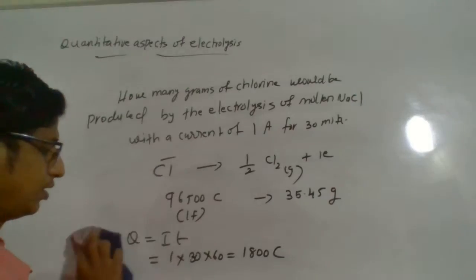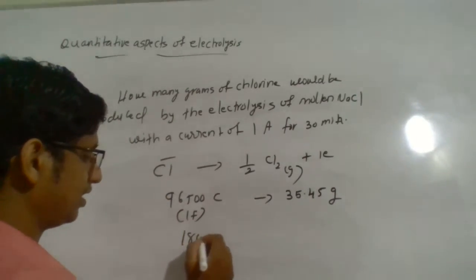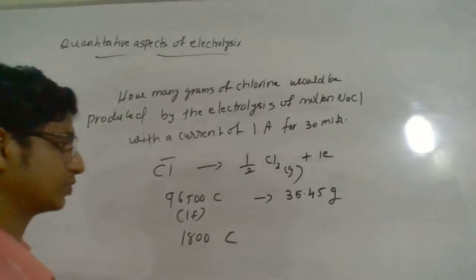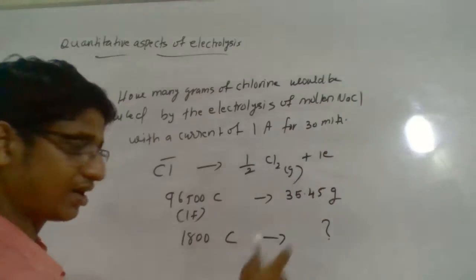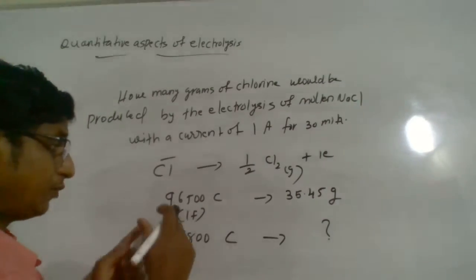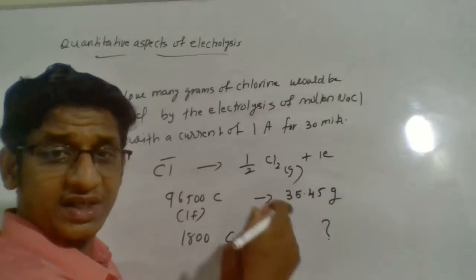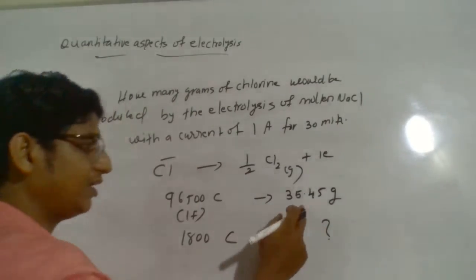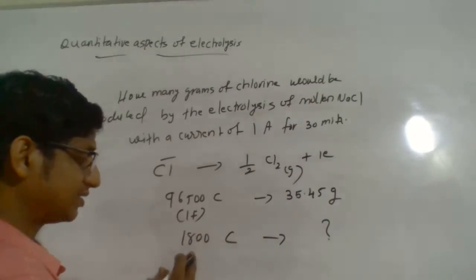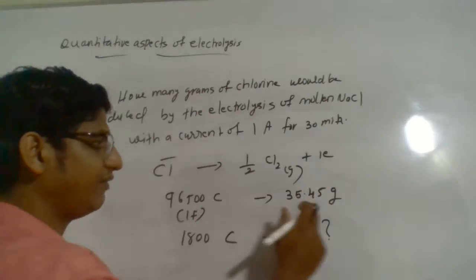Now let us find how much mass gets deposited. If 1800 coulomb of electricity is passing through, how much substance gets deposited? That's the question. Simplify, you can write like this: if you pass 96500 coulomb, 35.45 gram of chlorine will be liberated. But now you are passing only 1800 coulomb, which means this is always proportional.